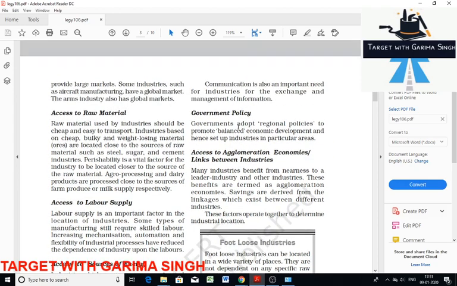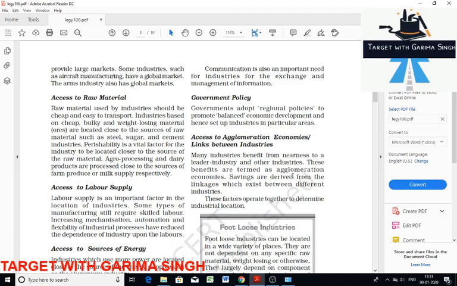Government policy is basically for balanced economic development. Government promotes various regions by setting up industry and links between industrial areas, as well as provides subsidies to businessmen to set up their industry in hill areas or less developed areas so that people nearby get employment.